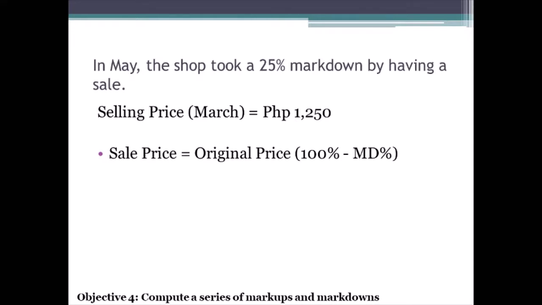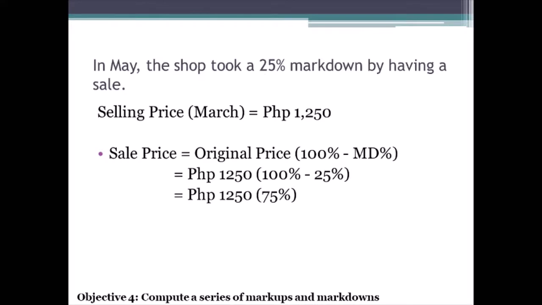Our original price is 1,250 and the markdown percent is the one given, 25%. Using your calculator, the sale price is 937 pesos and 50 cents. Take note, this is for the month of May during the sale.